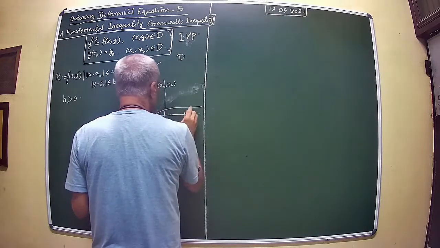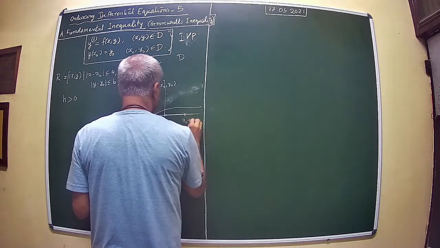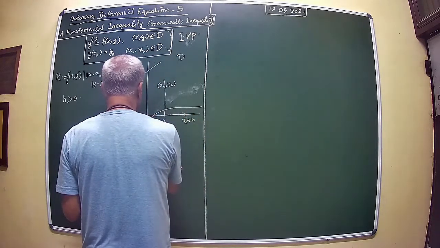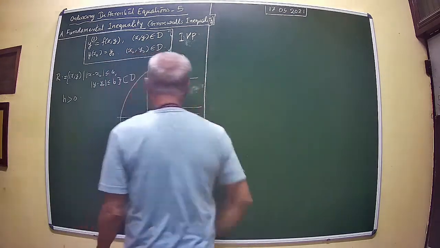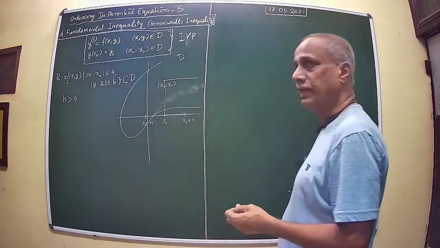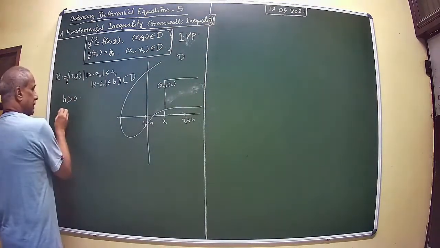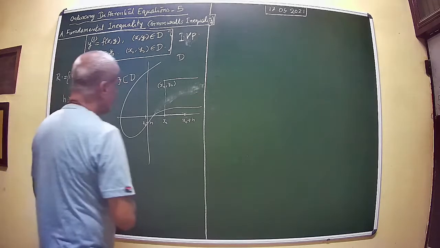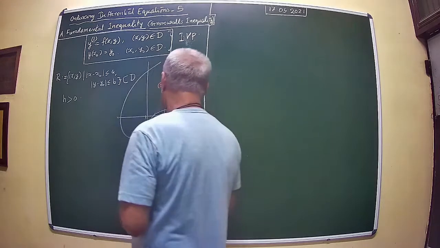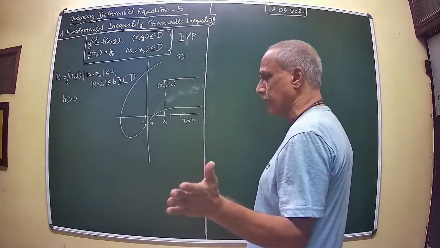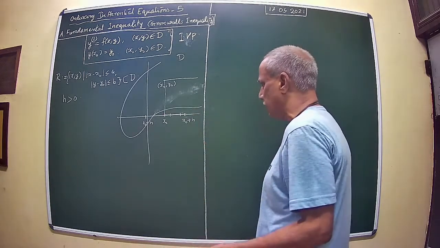On the interval x naught minus h to x naught plus h we constructed a solution. How did we construct it? We started from the point x naught, y naught, and we divided this into subintervals, just like partitioning the interval x naught plus h, and likewise you can do it on the other side also.